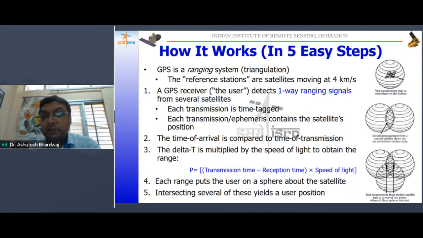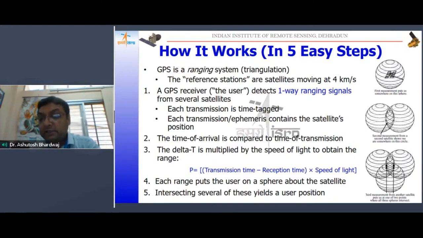The receiver has a quartz clock to compute the arrival time, which gives T2. So T1 is at the satellite end, and T2 is from the quartz clock at the receiver end. That way, three satellites can give us the location of the receiver.